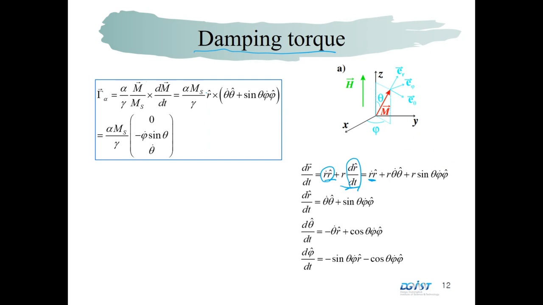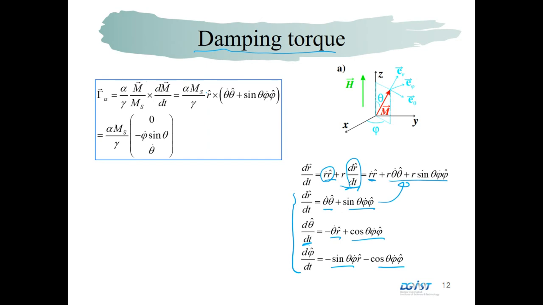This part, we have such a relation. The derivative of the r unit vector generates these two terms, and for the time derivative of the theta unit vector, we have this one and this one. So we can put this one here.